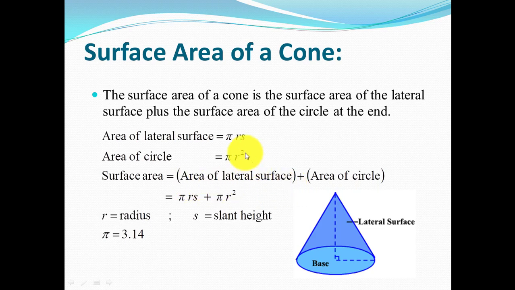We substitute the values to get the surface area of a cone, where r is the radius, s is the slant height, and pi is a fixed quantity equal to 3.14 or 22/7.